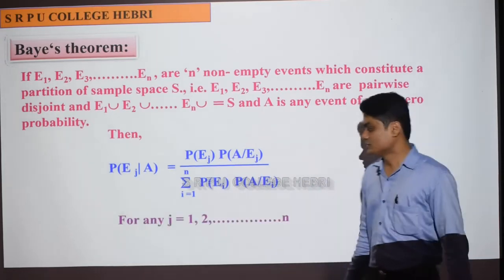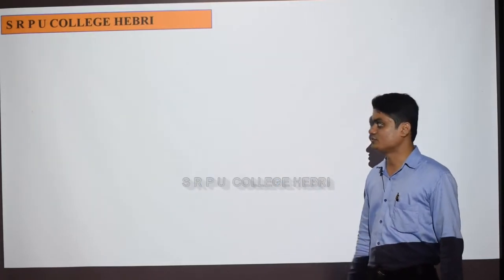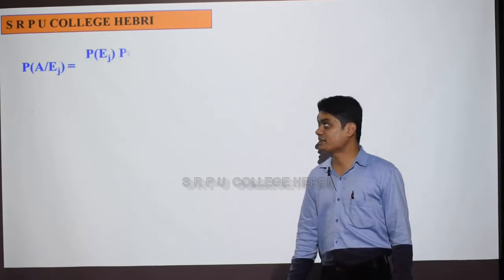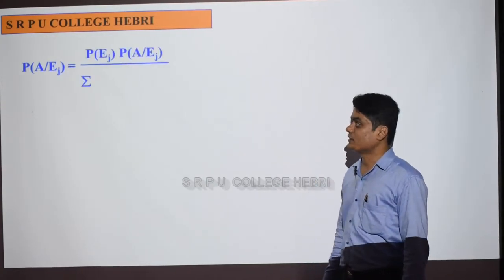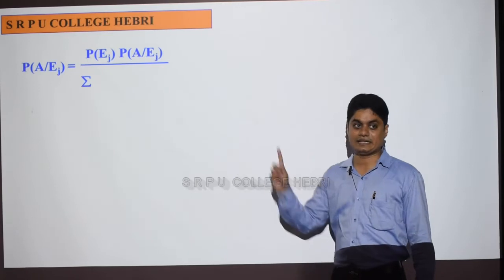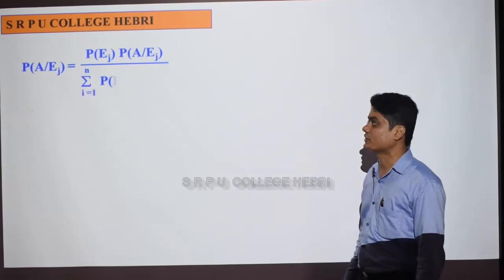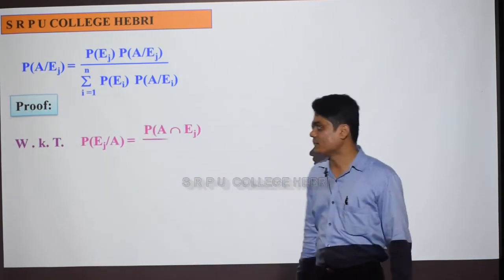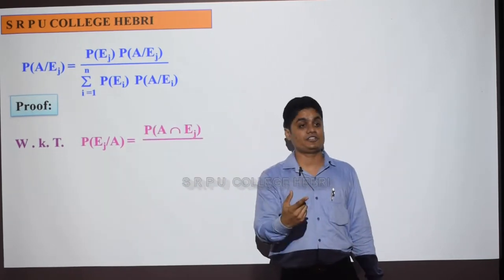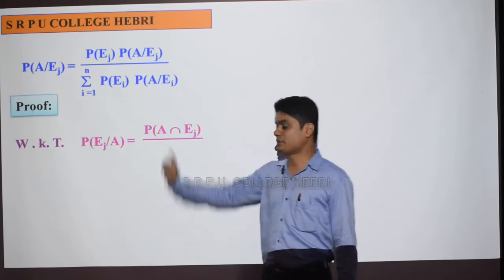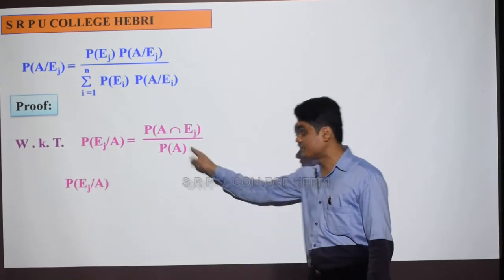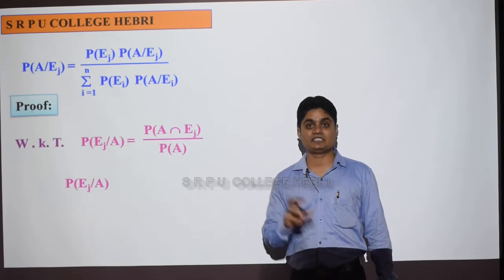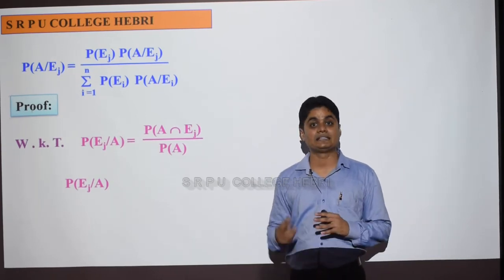So as I told, I'll give you one simple proof. Probability of Ej given A, please correct that, is equal to the Bayes theorem. The proof is as follows: probability of Ej given A is, using the definition of conditional probability, probability of A given Ej divided by probability of A. And A is one of the events of the sample space where E1 to En are the partitions.